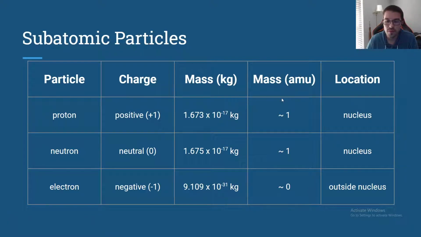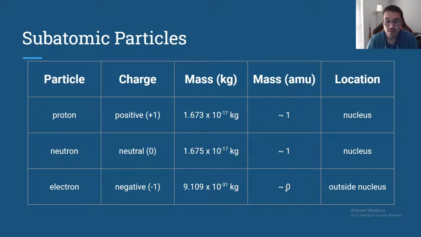Another way is in the unit AMU, which stands for Atomic Mass Unit. Basically, what this means is that protons and neutrons essentially have a mass of 1 in this unit system, and electrons are so small compared to those protons and neutrons that they essentially have no mass at all.